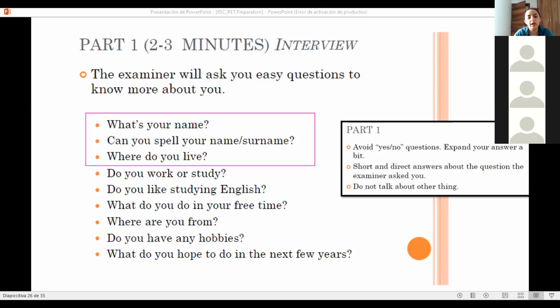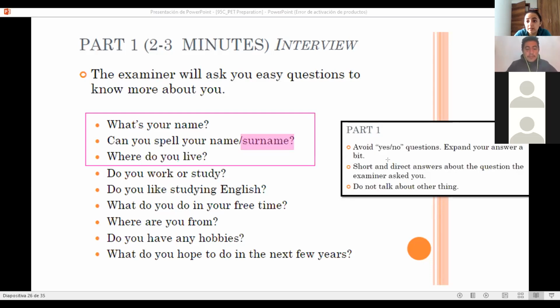So here we have some sample questions. For example, you were saying, what's your name? Can you spell your surname? Watch out, because in this part you may encounter the word surname or maybe last name. Both mean the same.